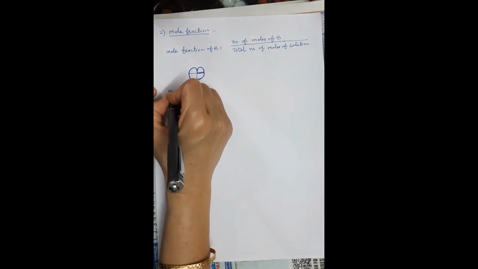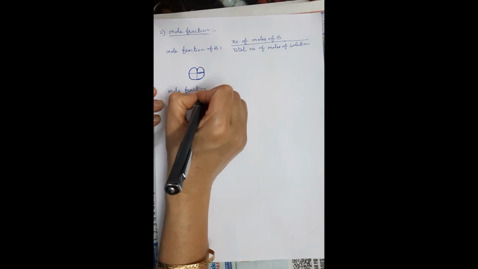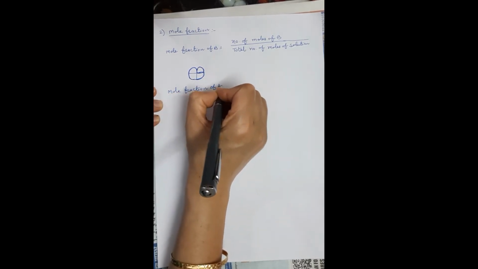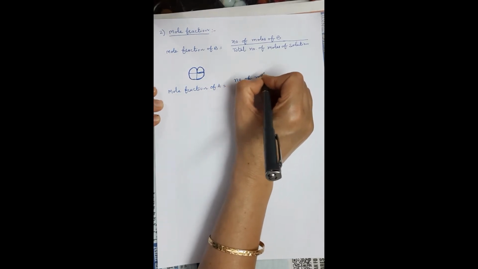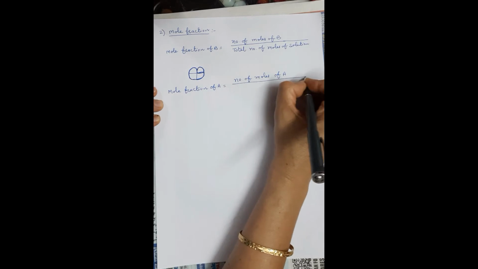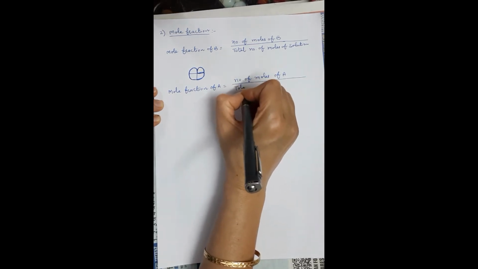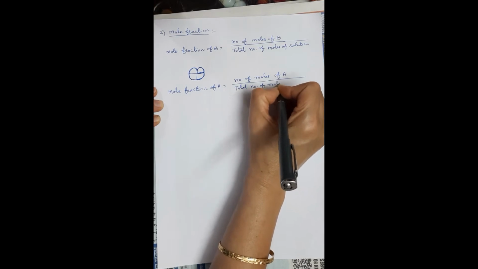So how will you find out the mole fraction of A component? It is actually the number of moles of A divided by the total number of moles of solution.